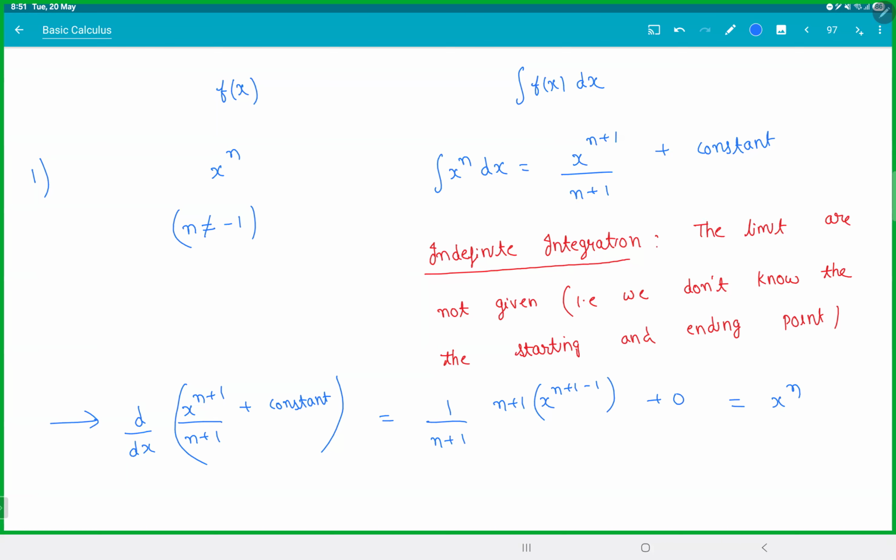So this is what I was saying. If you differentiate an integral, you'll get the function back. So there's a pretty neat way to figure out the answer. Suppose I want sin x here. Ask yourself, what should I differentiate to get sin x?